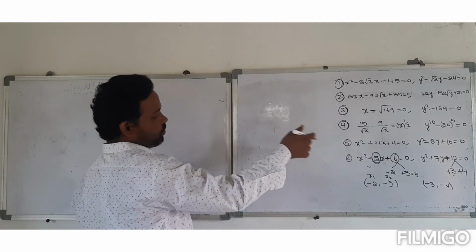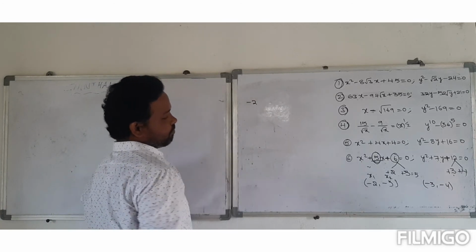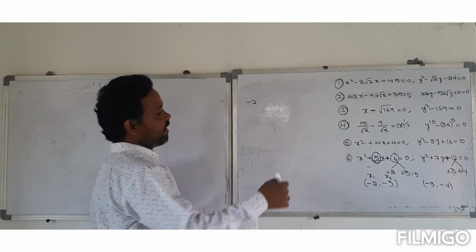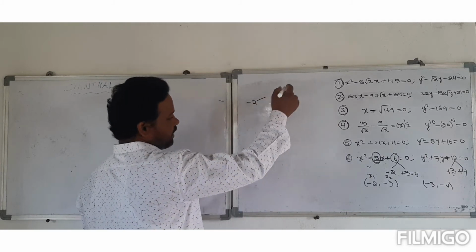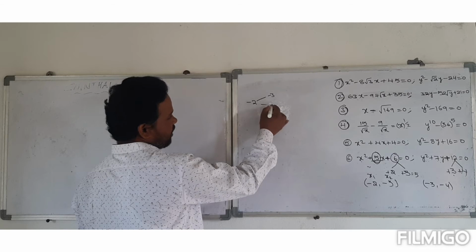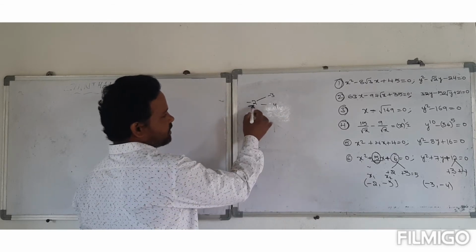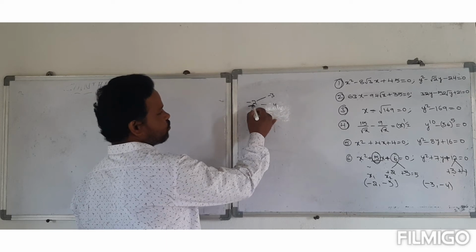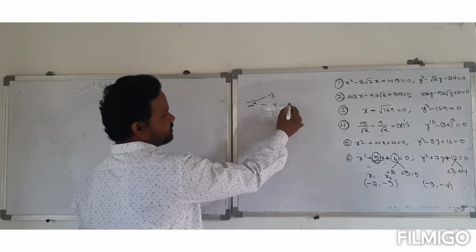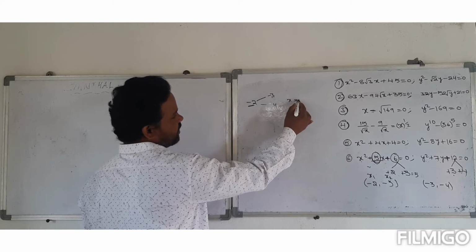Now I am going to compare the x values to the y values. Minus 2 and minus 3, minus 4. Minus 2 is here, minus 3 is here: x1 and y1. The relation is x is greater than y.